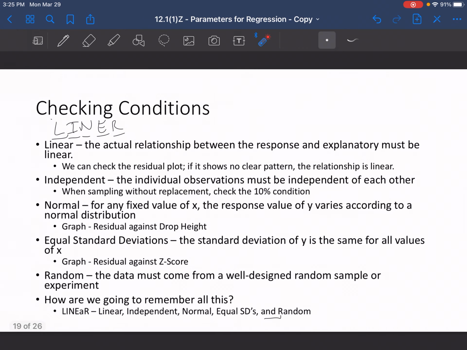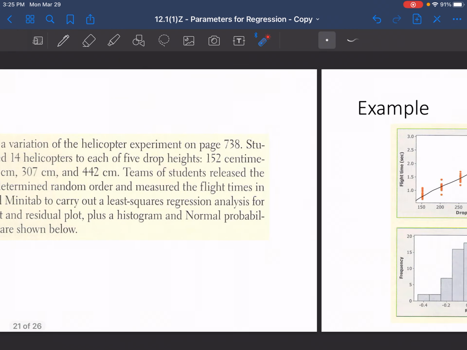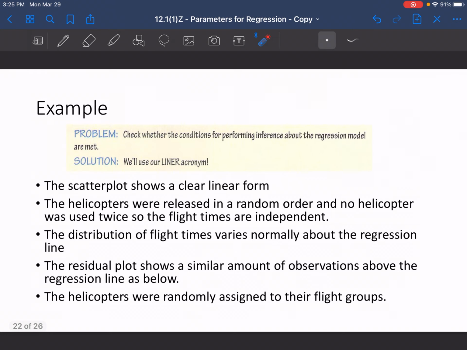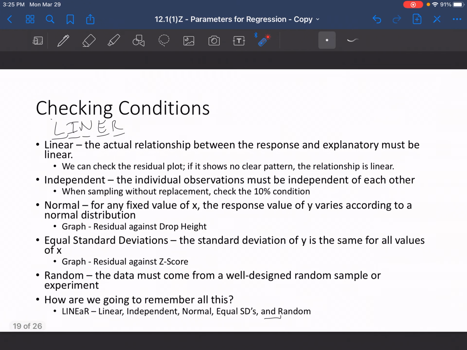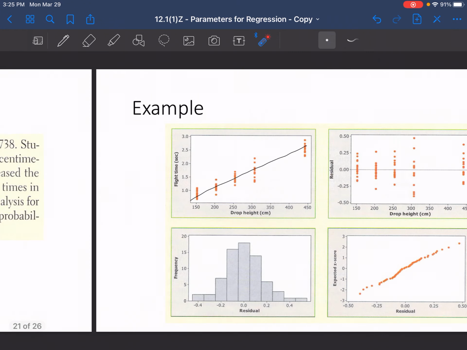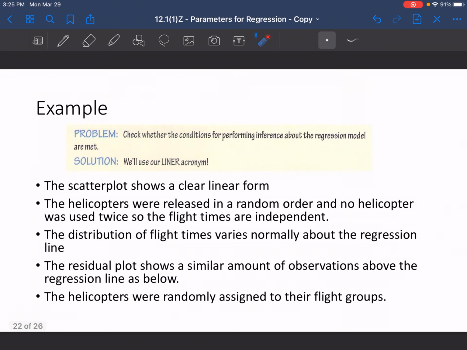The second test that we need to check is for independence, and what we can say here is that the helicopters were released in a random order and no helicopter was used twice, so the flight times are independent, basically. And then the third test that we need to check is for normal.